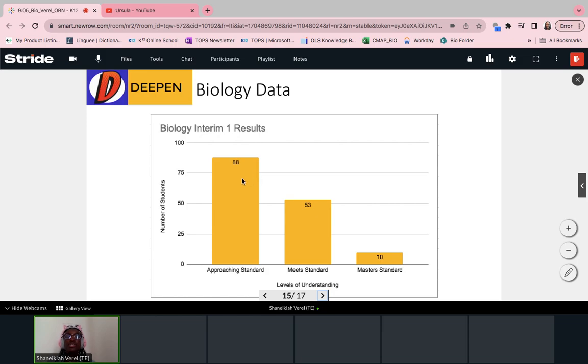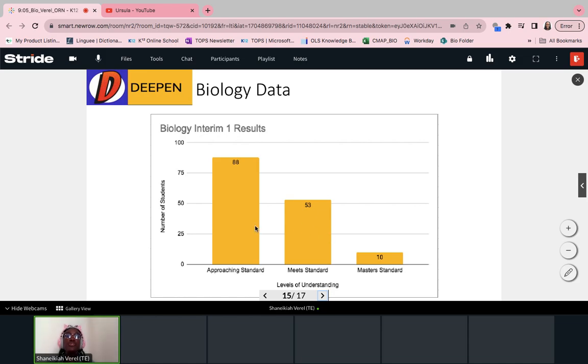The standard is where we want to be for mastery. I believe this should say percent of students, not number of students, because I have a lot more of you than that. So this should be percent. My apologies. So 88% of us are approaching the standard, 53% at meeting, and then 10% at mastering.